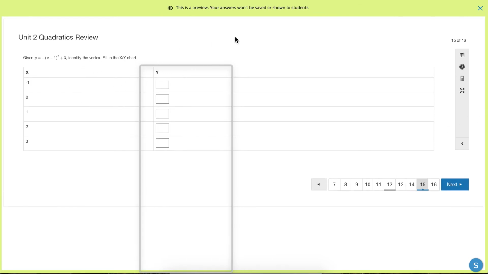Then for 15, we would go in and we would plug each of these values in to find the y value. So when I plug negative 1 in, you get y equals negative of negative 2 squared plus 3. That gives me negative 4 plus 3, which is negative 1.